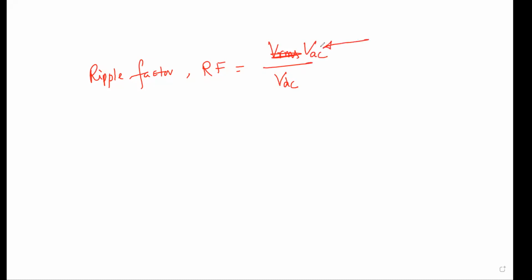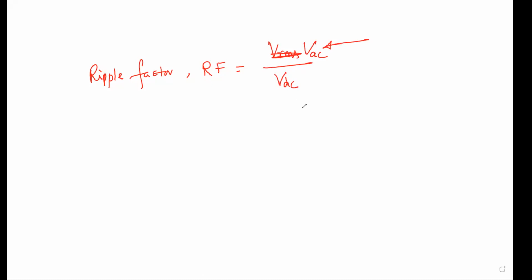And there is another factor known as the ripple factor. Sometimes people call it RF. This is VAC by VDC, where VAC is the effective value of only the AC component.